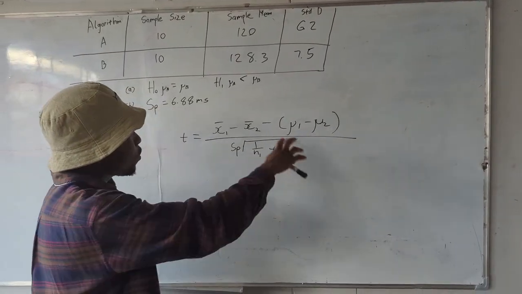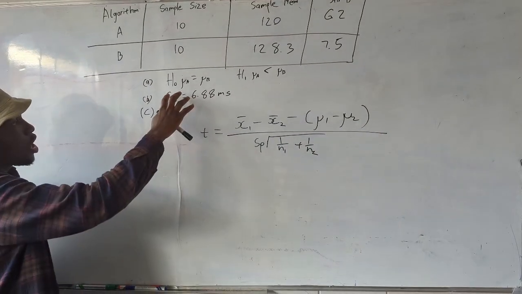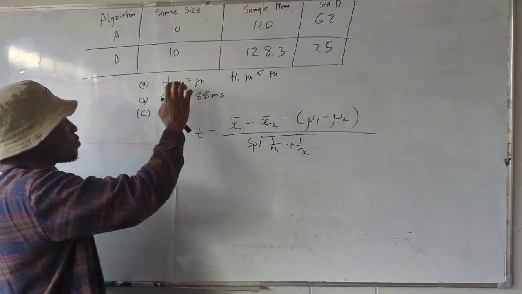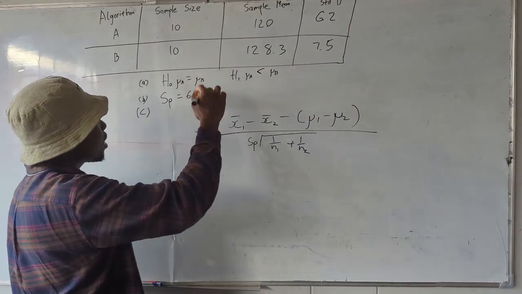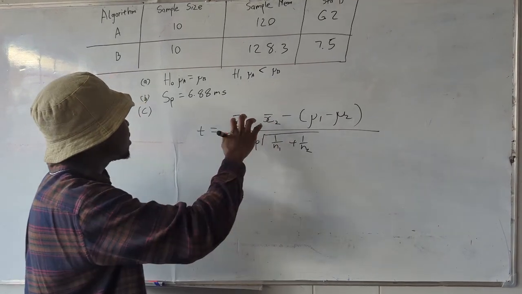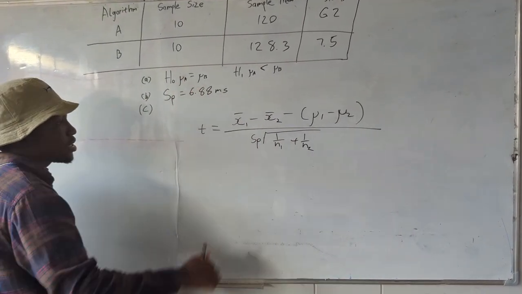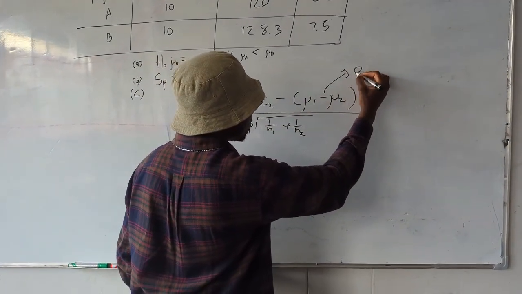For this, it is mu1 minus mu2, but let's look at the hypothesis: mu A equals mu B. If we subtract mu B from the right hand side it becomes mu A minus mu B equals 0, so we equate this part to 0.